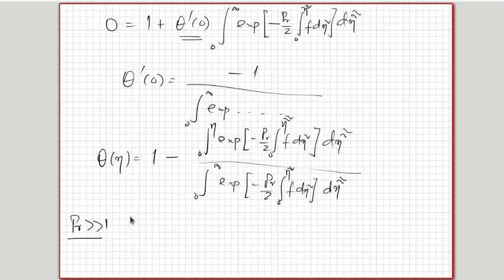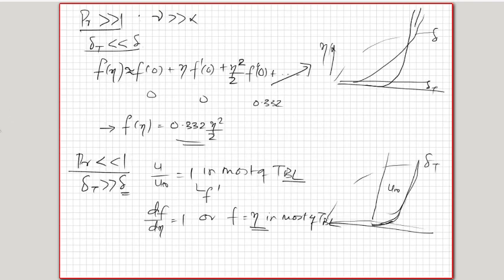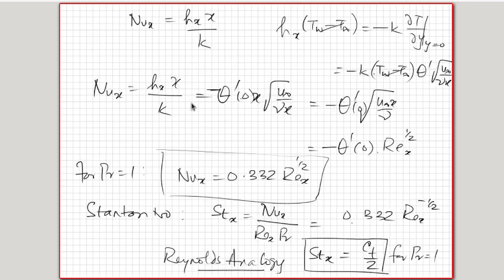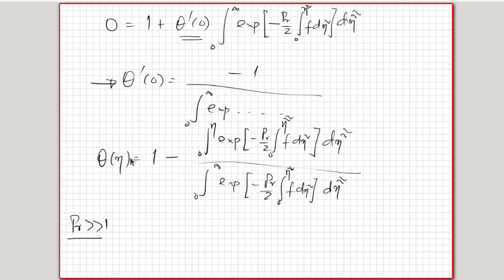So what happens is you basically need only the theta prime at 0 for writing the Nusselt number, because the Nusselt number we wrote just in the previous slide of this. Nusselt number is theta prime at 0 multiplied by Rex to the power of half. So theta prime at 0 is this integral with a 1 by this basically.